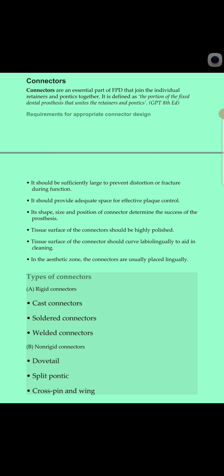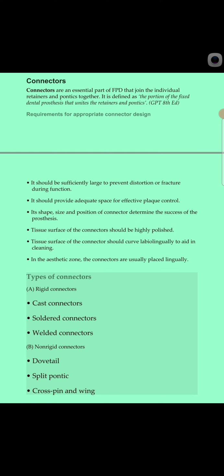In cast connectors, in the space between the retainer and Pontic where we give the connector, we flow wax, and then this flowable wax is replaced by cast metal.